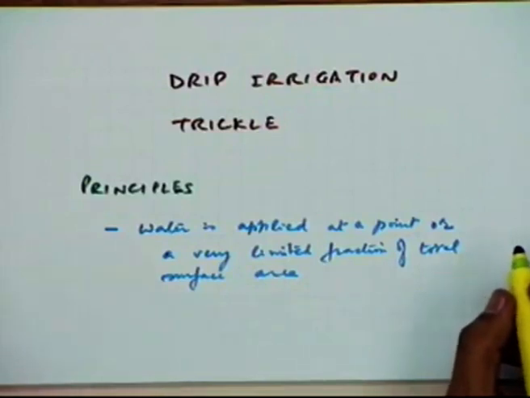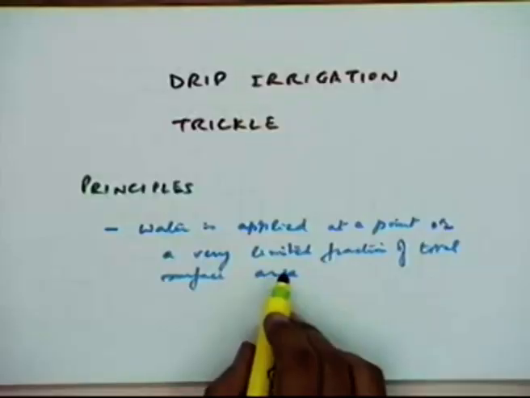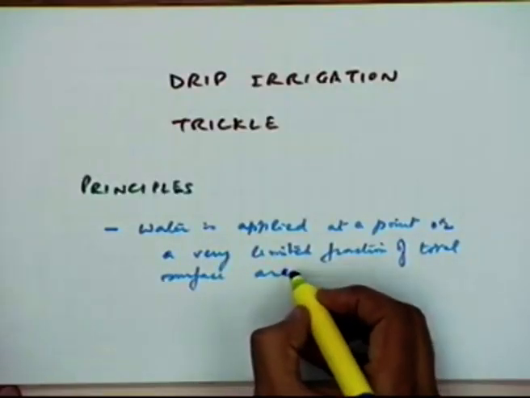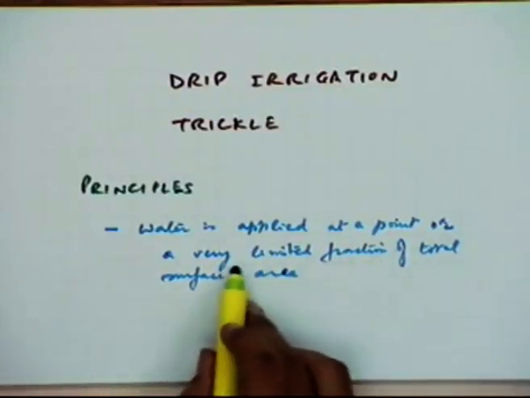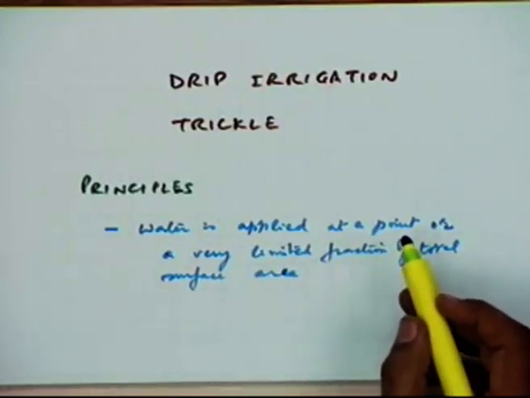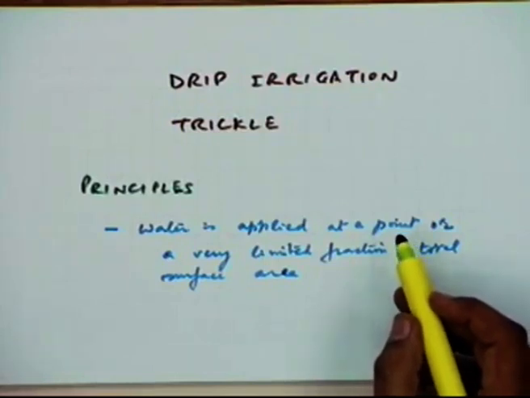In some cases it is only applied at a point in the field, and that point is selected to be next to the specific plant of the crop. Depending on which type of crop you are using, if you are using a row crop, then instead of a point, you might use a combination of points which can cater to the complete row.